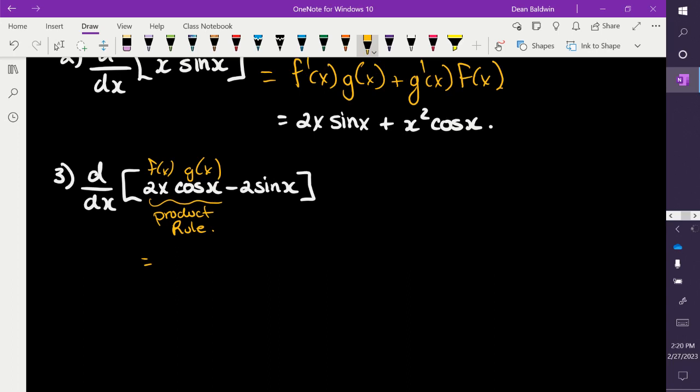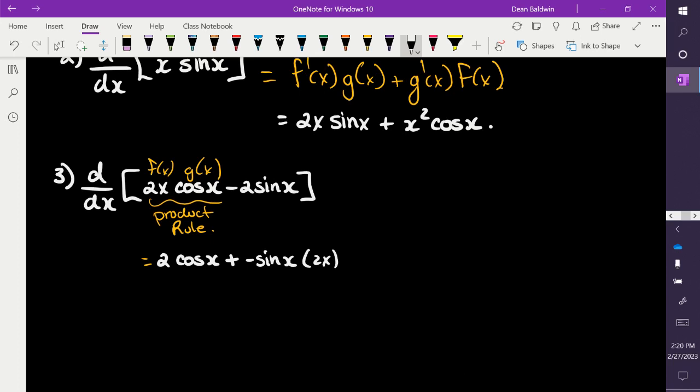All right. F prime. What's f prime? 2. Times the other function, which is cos x, plus g prime. What's the derivative of cosine? Negative sine times f of x, which is 2x. I'll clean this up after.